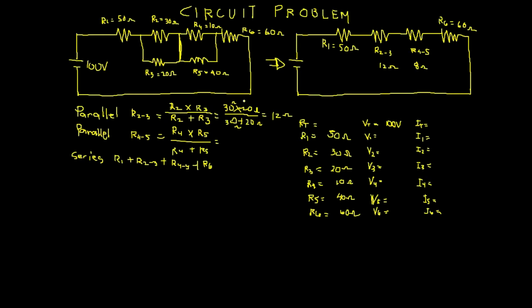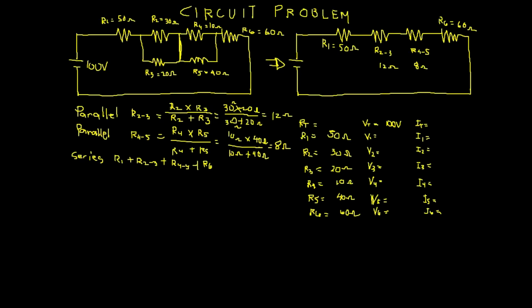So, ang value ng R4 is 10 ohms multiply sa 40 ohms, tapos all over 10 ohms plus 40 ohms. So, ang sagot is 8 ohms. Kapag tinype nyo sa calculator ng diretso, 8 ohms ang ibibigay na sagot. So, meron na tayong R2-3, meron na tayong R4-5.